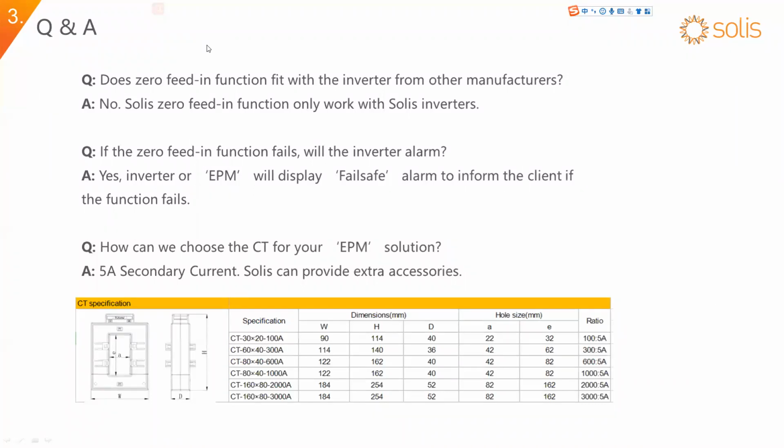So only one data chain. Yes, because the inverter and the EPM 5G are communicating through the RS-485 cable, and the RS-485 cable can support up to like 800 meters. That's why you can go 800 meters.